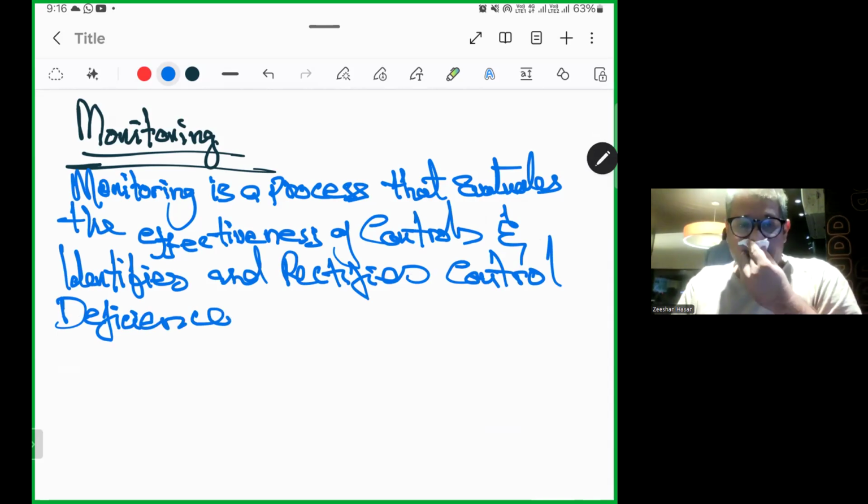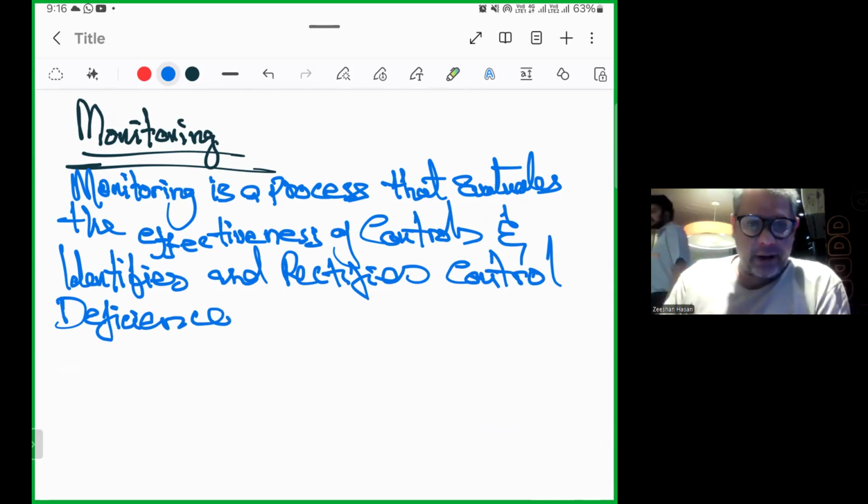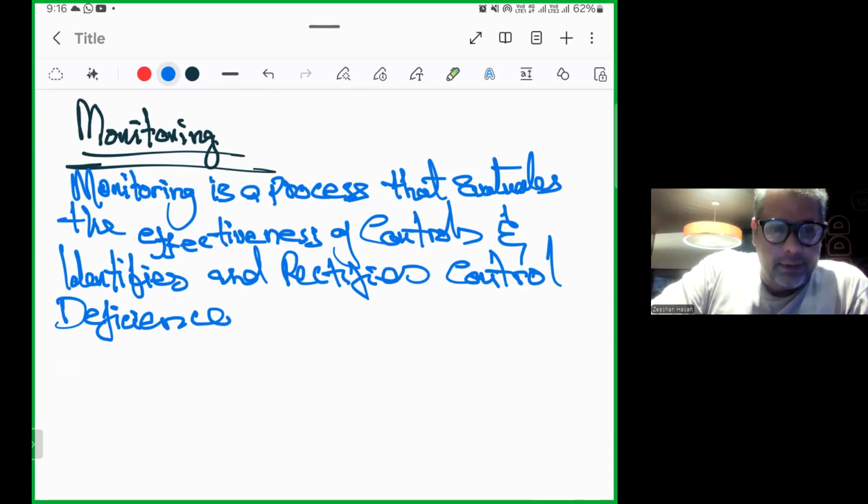Without monitoring and feedback on performance, management will not know whether a control, although still operating, is effective. Monitoring activities may be ongoing or separate evaluations. Okay, they can be both. So I hope it is clear till here.